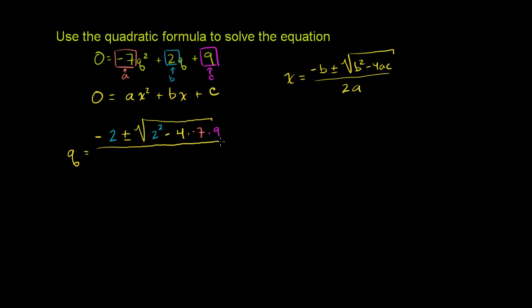All of that over 2 times a, which is once again negative 7. And then we just have to evaluate this.